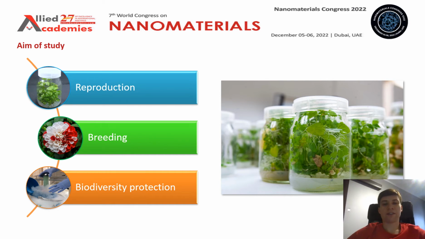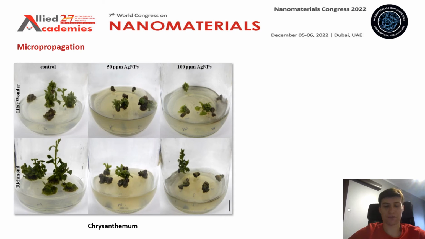And in our study, we have decided to see how the addition of nanomaterials, nanoparticles of various metals into the culture medium affects the efficiency of these tissue culture techniques, and how do nanoparticles affect the development of plants.